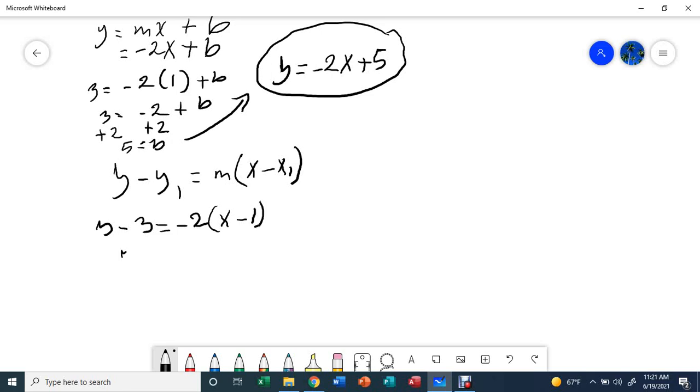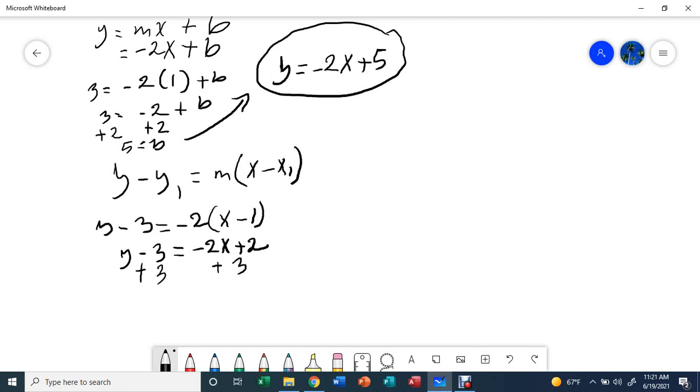So I get y minus 3 equals negative 2x, I'm distributing the negative 2, plus 2, because minus 2 times minus 1, double negative, is positive. Now let's add 3 to both sides, because I want y by itself.